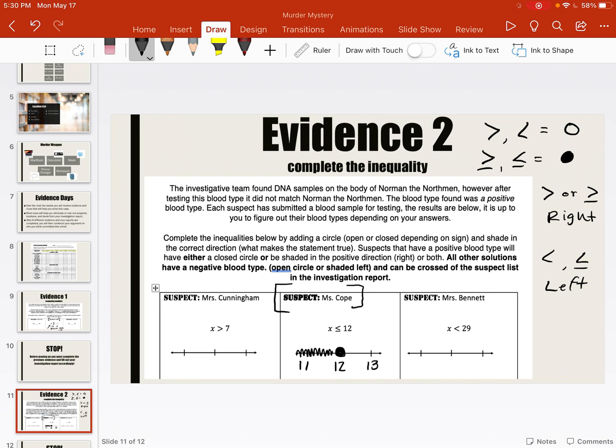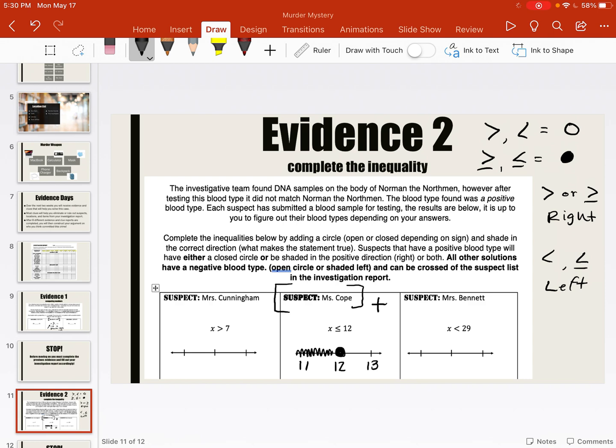And again, if I have a closed circle or if it's shaded to the right or both, I know that they have a positive blood type. And if they have a negative, they would have an open circle or shaded to the left, but they have to have both, an open and to the left. So in this case, Miss Cope is a positive blood type, which means she is still a suspect. Any negative blood type that you find can be crossed off your investigation report.